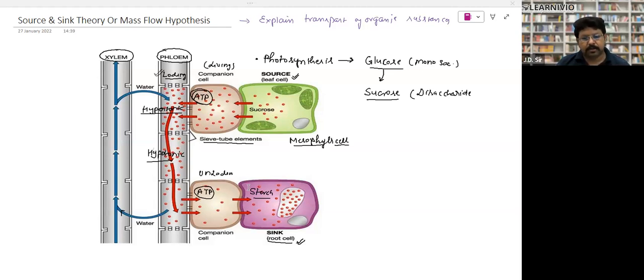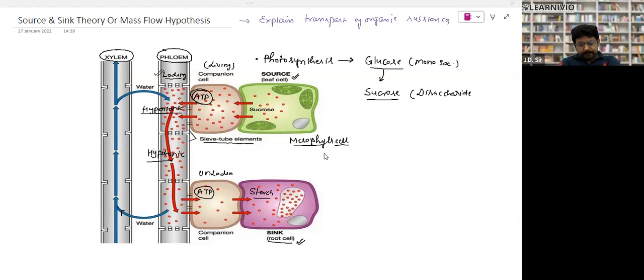Next. Now write it down step by step, in point form, right? First point.